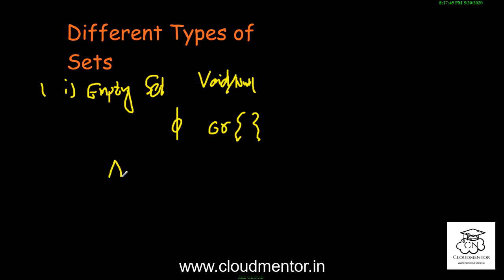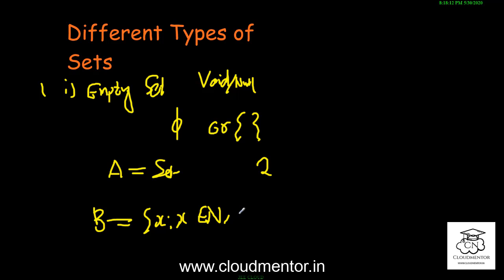For example, A equal to the set of all odd numbers divisible by 2. We know that there are no odd numbers divisible by 2, so it is an empty set or the null set.